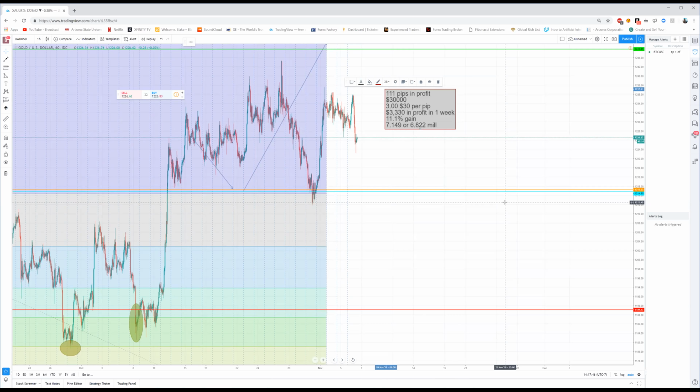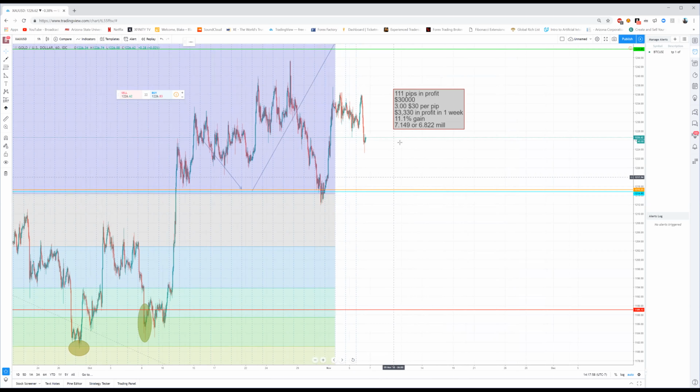So it's kind of in between both. You might even need to use a little bit less than proper risk management for gold, but overall, you should be fine. You shouldn't necessarily blow your account because of using this.